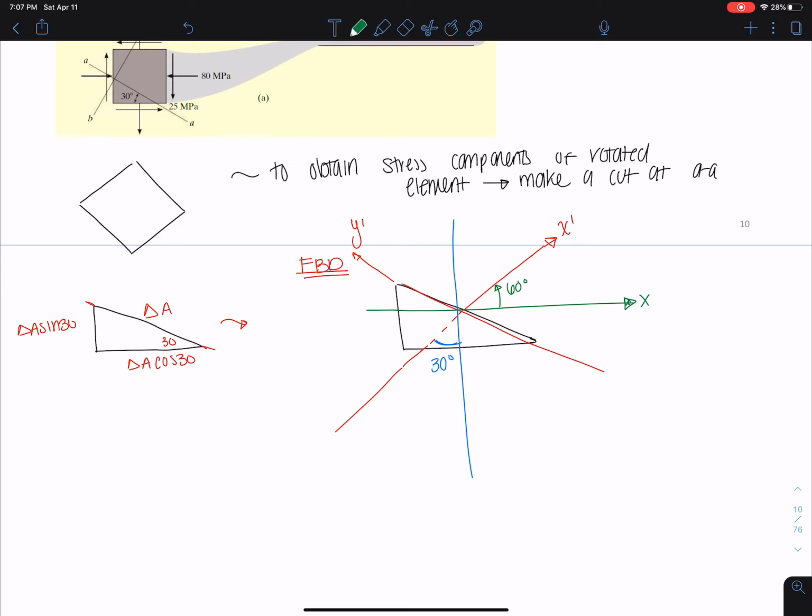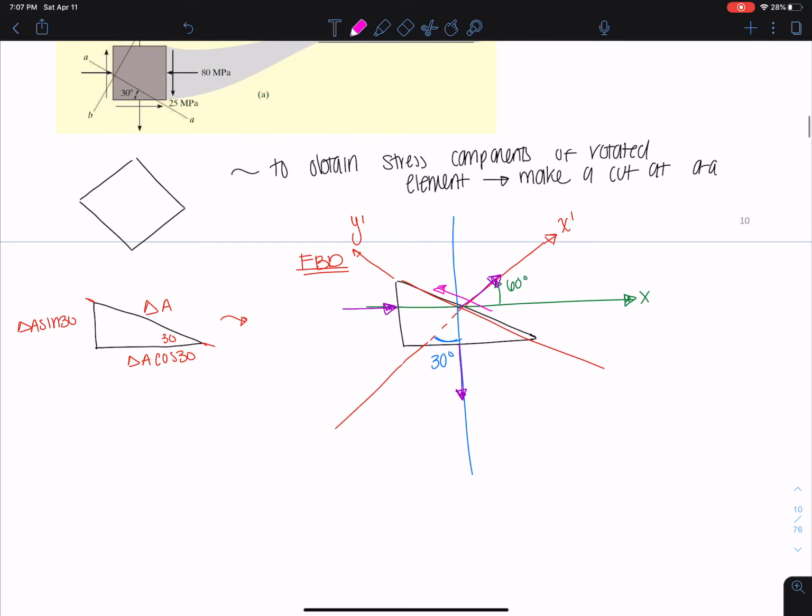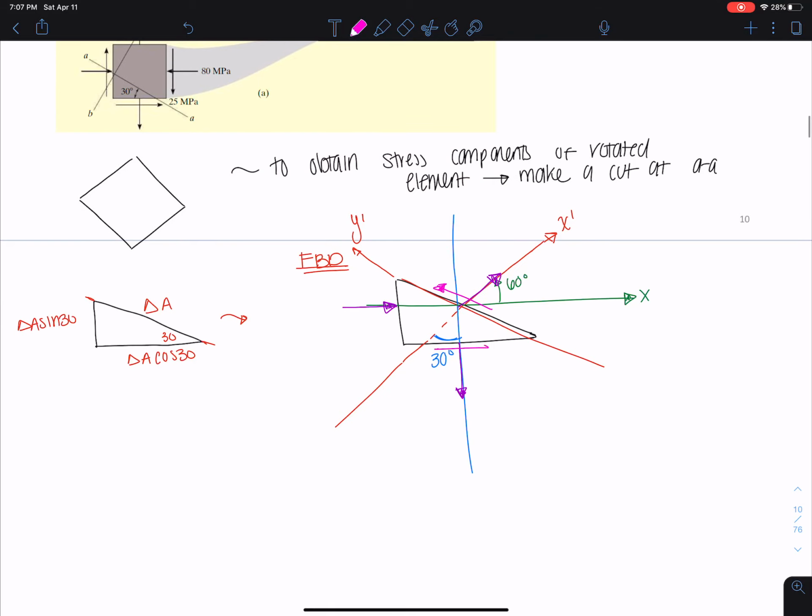Okay. Now, if that's the case, let's draw all of our shear and normal forces. So let's start with the normal forces. We would have a normal force coming out in this direction, some force coming out in this direction, something coming out in this direction, and then we would also have our shear acting along these planes, parallel.